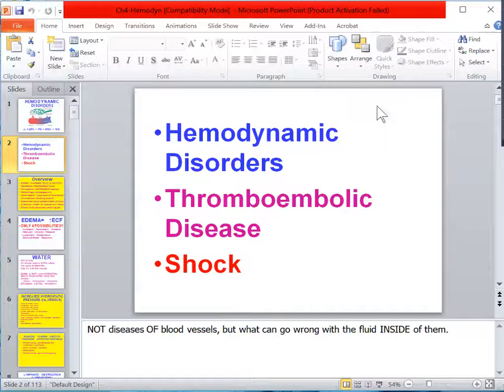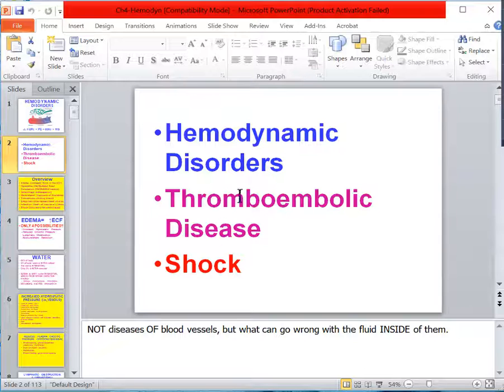The actual topics that we'll be dealing with today and also 2 days from now on Thursday are going to be generally hemodynamic disorders, not hematology, not what happens to the red cells, but what happens to the flow, what happens to the fluid inside of the blood vessels. Where does the water go? Where do the blood cells go? Things like that. If there's too much flow, if there's too little flow.